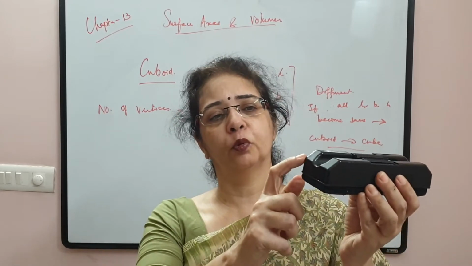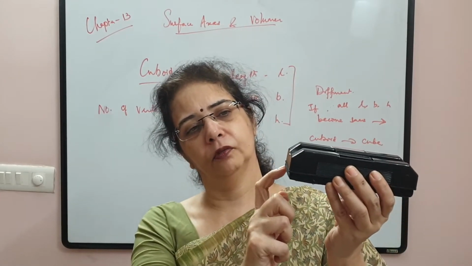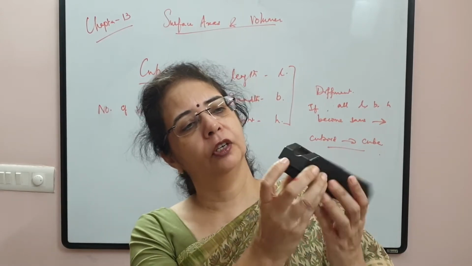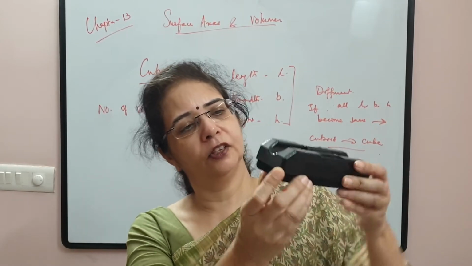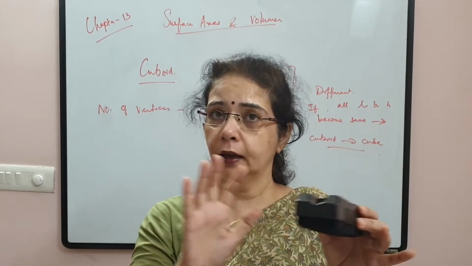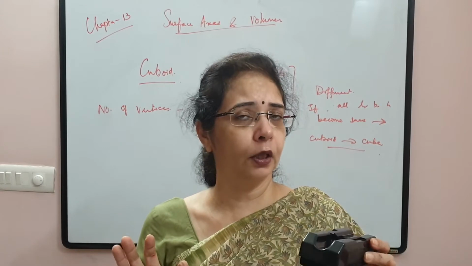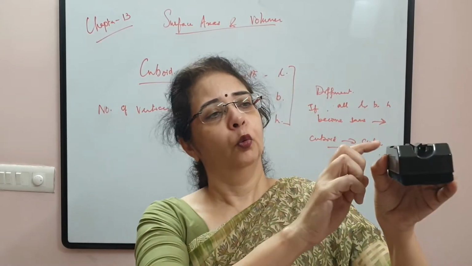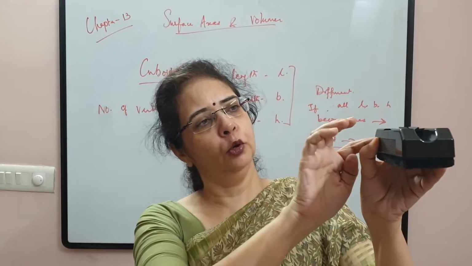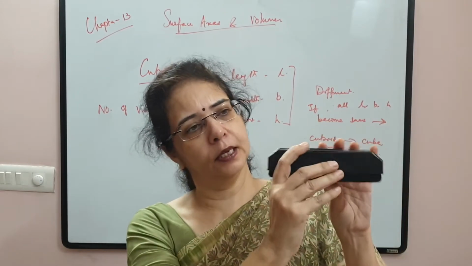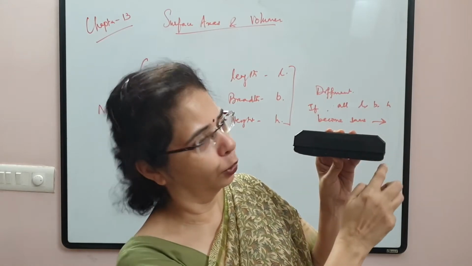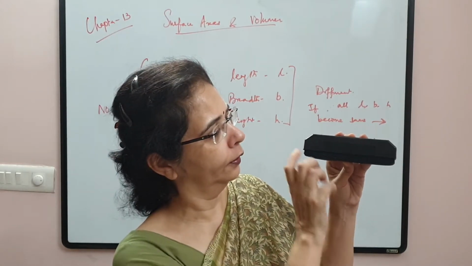Where are the edges? This is one edge, another edge, this edge, this edge, this edge. So there are many edges. Let us count how many edges. 1, 2, 3, 4. 4 edges you can see here, children. These are the 4 edges of this cuboid.